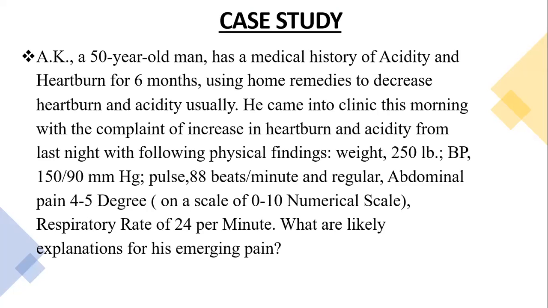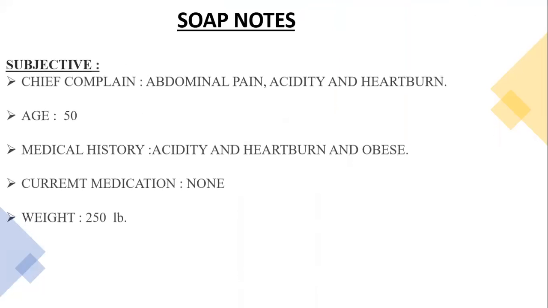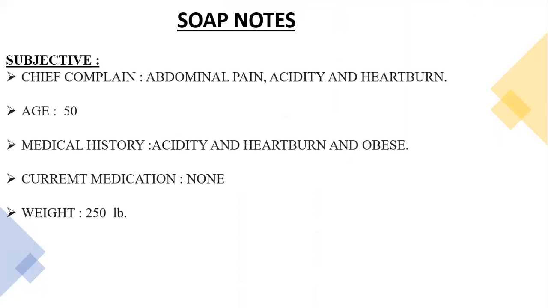Now let's see what can be the reason for this pain. A 50-year-old person who, by visualization, we can see is obese, is complaining about pain, heartburn, and acidity. He is on no medication for now.